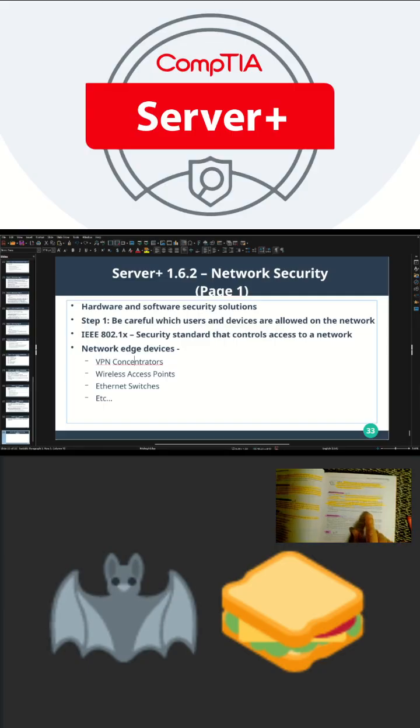Edge devices do not perform authentication of connecting devices. Let's read that again. Edge devices do not perform authentication of connecting devices. So let's make a note of this.